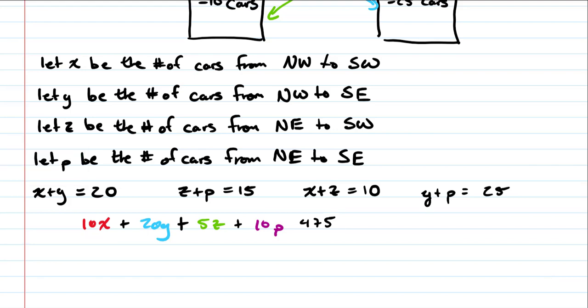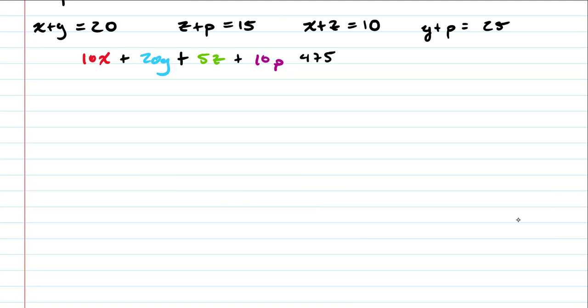So, writing the system as a matrix, it's going to give us x, y, z, p, and our constants.